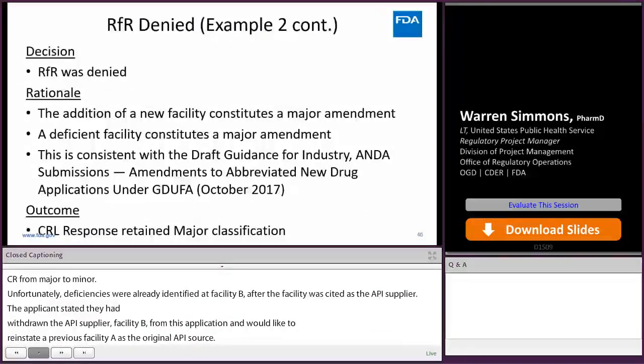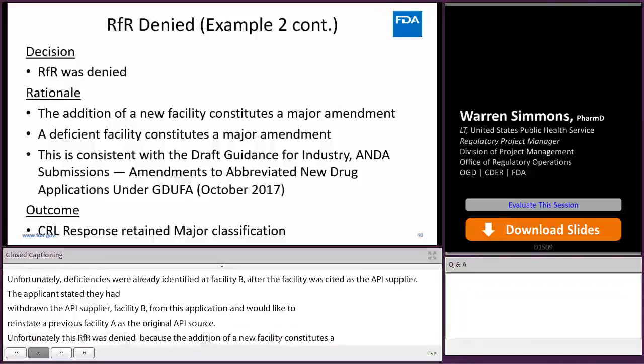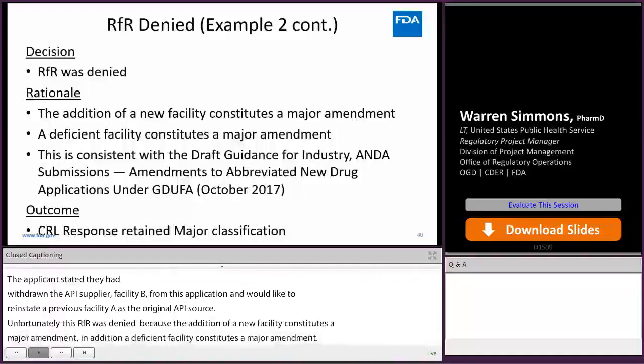In addition, a deficient facility constitutes a major amendment. This is consistent with the draft guidance for ANDA submissions, amendments to abbreviated new drug applications under GDUFA. Therefore, the outcome was that the CR response retained a major classification.